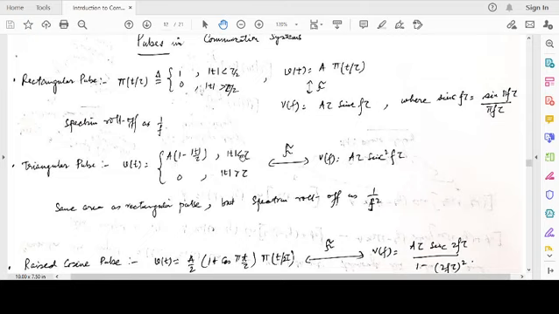The duration, however, is spread, so minus tau to plus tau. So half a times 2 tau, so a tau. So it has the same area as the rectangular pulse, but the spectrum roll-off is here 1 by f, and here it is 1 by f square. So it has better spectral characteristics.